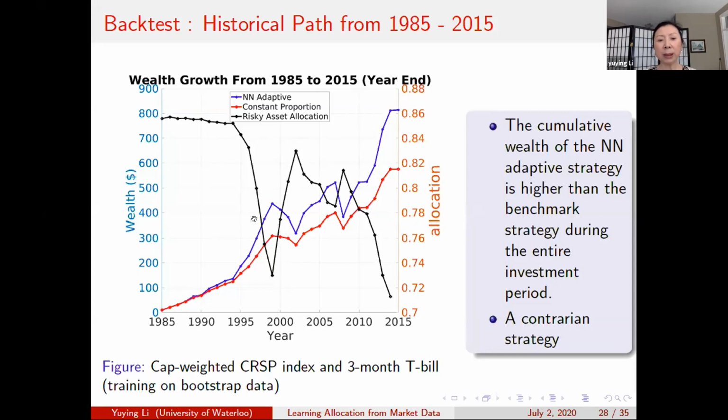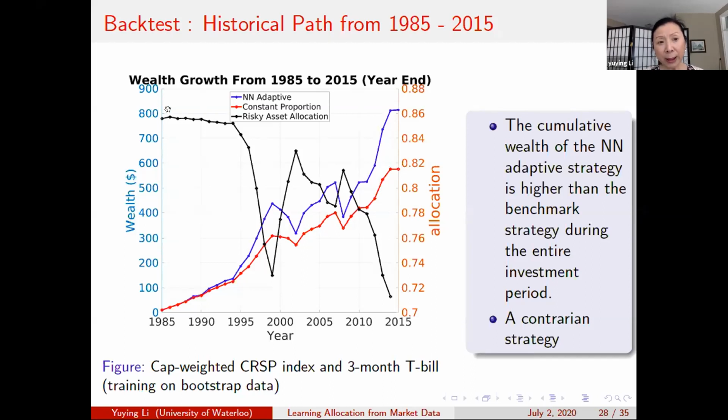Okay, so what's the point I want to make here? Well, on the historical path, the optimal strategy turned out to be always above the benchmark strategy in wealth level, right? So that's one point I want to make.